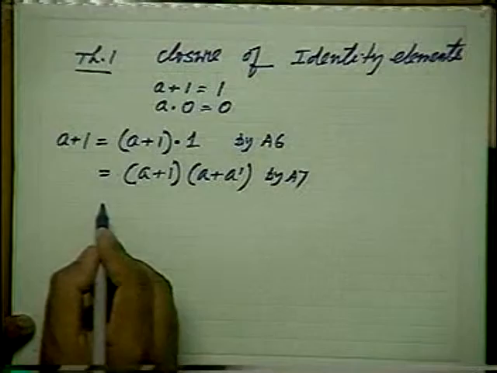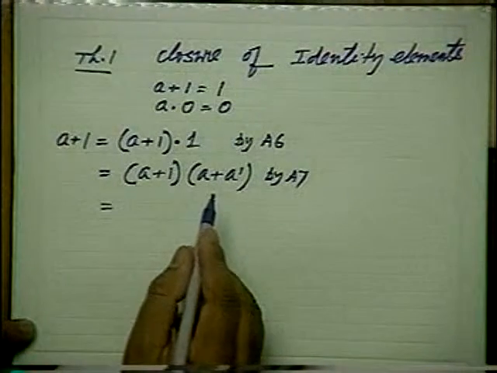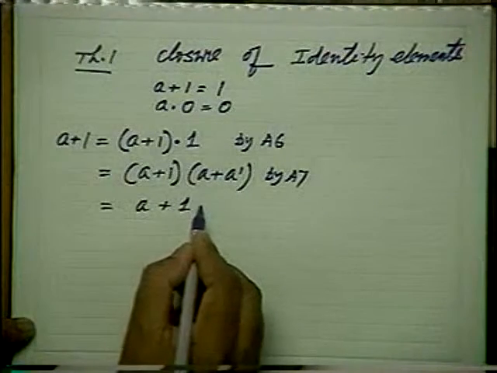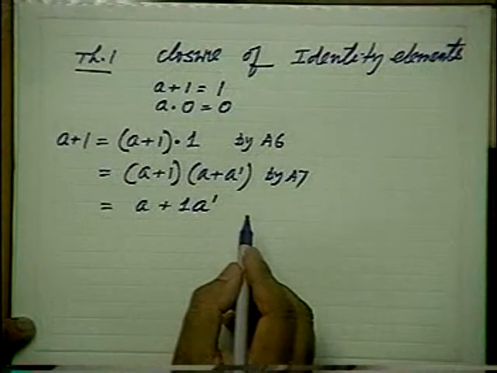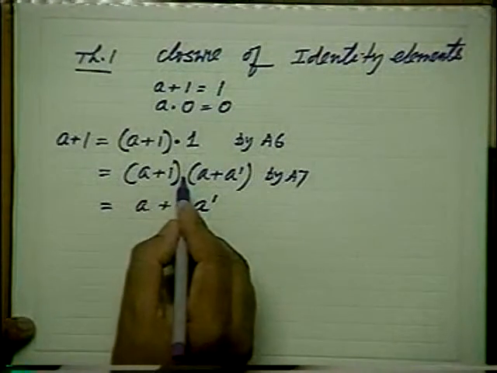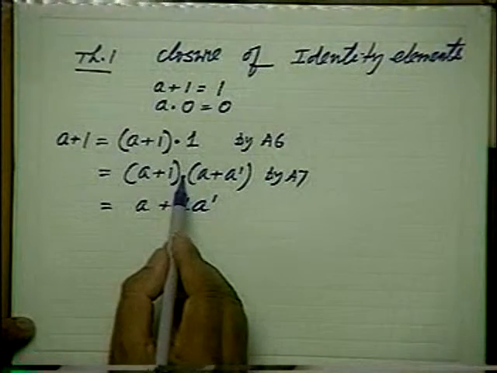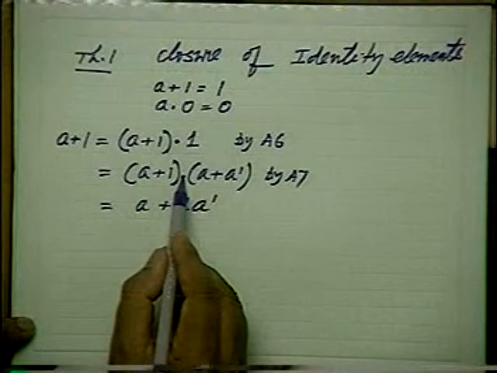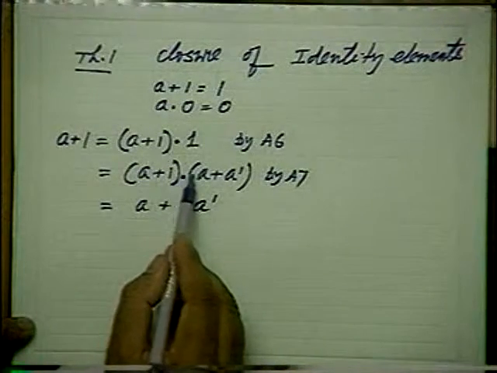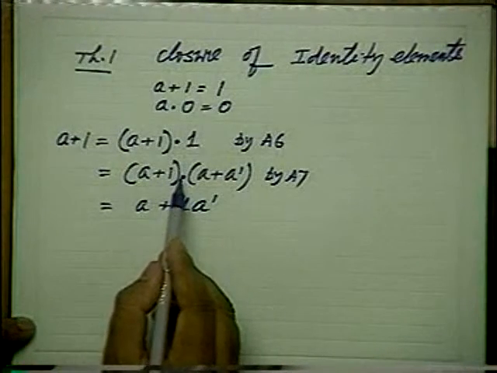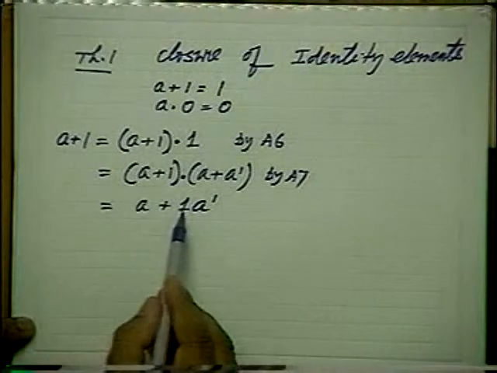Now, this is equivalent to writing a plus 1 a dash. Is it okay? I have missed the dot. Sometimes while writing we will not be given a dot. Writing side by side, we will assume that there is a dot already there. Is it okay? Right.